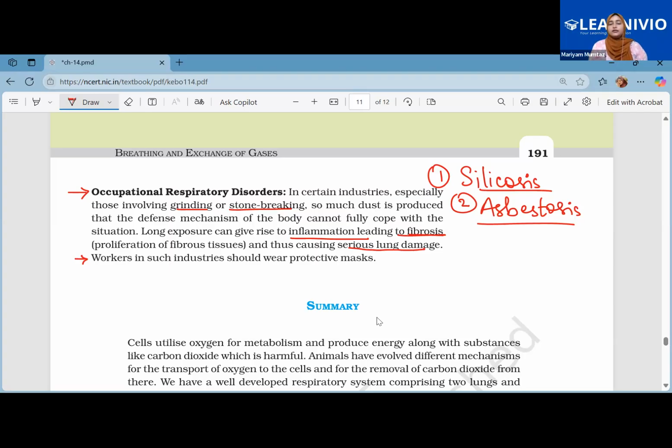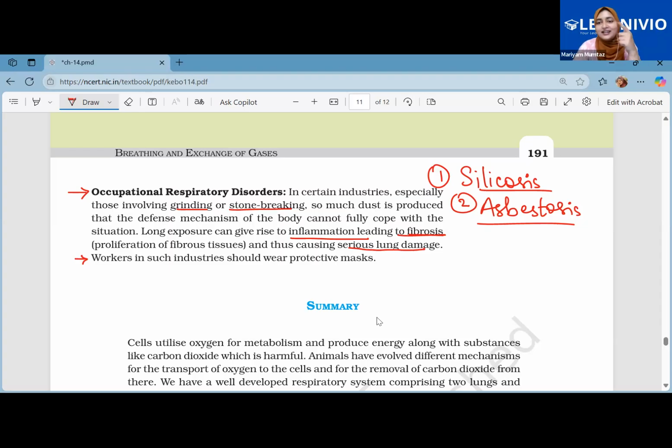Now, what will happen to the rate of breathing? It will be increased, and then the person will stop breathing, like the lungs will stop working. What happens in asbestosis? Same thing. The person is working with asbestos, which is a plastic-like material. People that work in the factories or production can get tiny particles lodged in our respiratory tract, in our lungs.